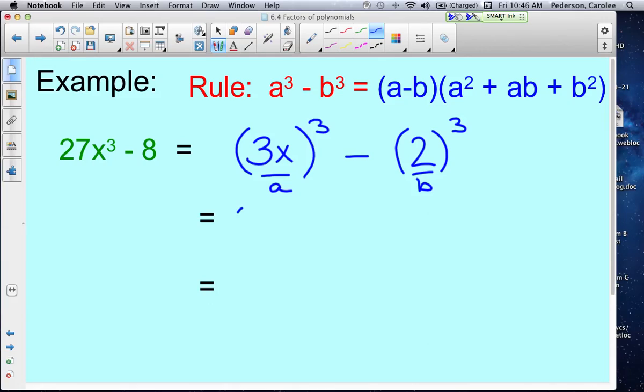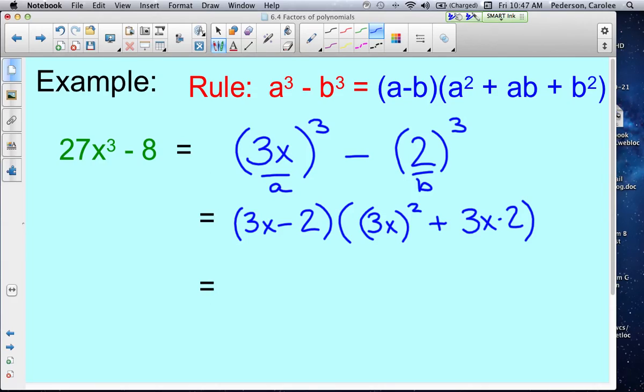So we say 3x minus 2, that's your a minus your b, and then parentheses 3x squared plus 3x times 2, and then plus 2 squared.